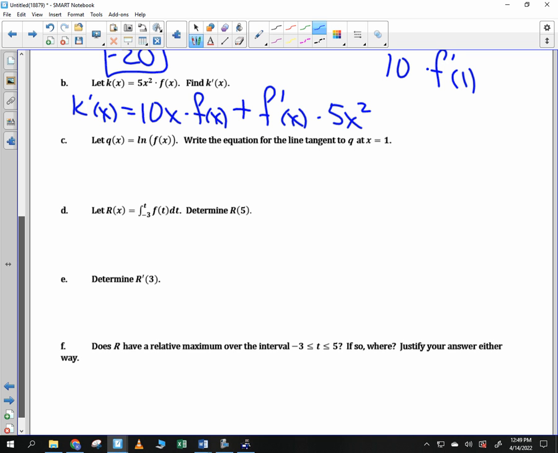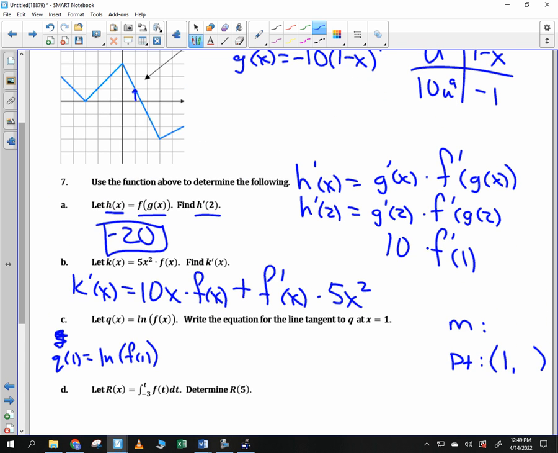It's asking us to do what? Write an equation for a line. What do I need for an equation for a line? Slope and a point. So we start with slope and we start with a point. What is the x value for the point? 1. How do I come up with the y value? Plug it in. So q of 1 is equal to the natural log of f of 1.